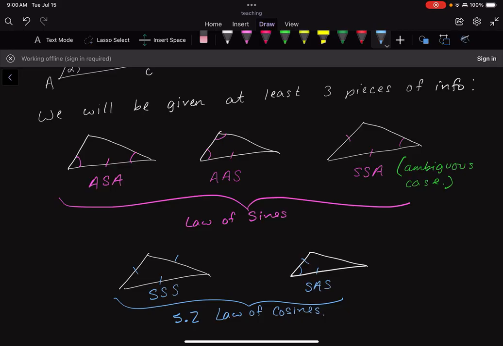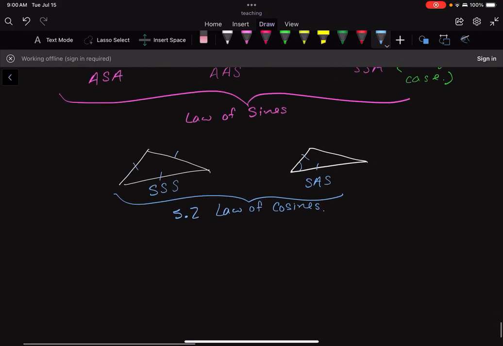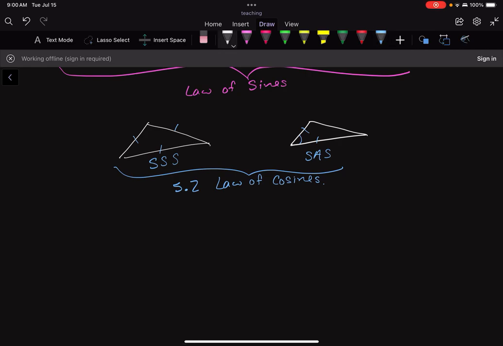So in our section right now, we're just going to be dealing with those three upper cases, the ones at the top. And then in 5.2, we'll deal with the others.